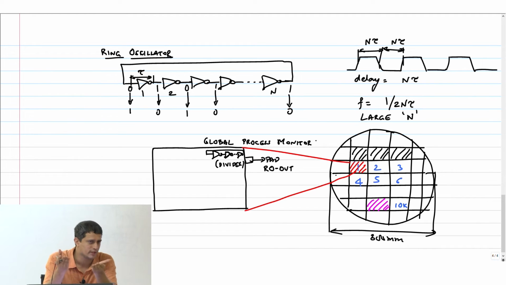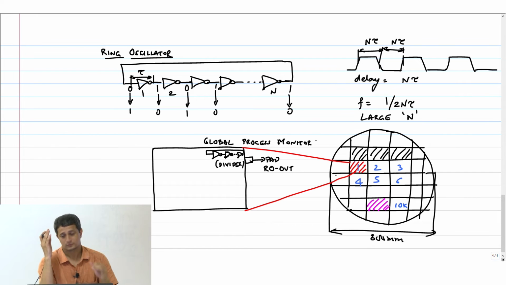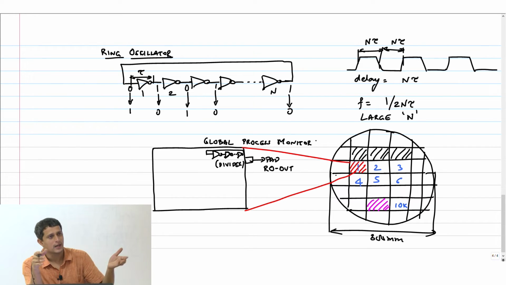It's not just VT, by the way. It could be the channel length, it could be the oxide thickness. Every single model parameter has moved in the same direction, and therefore this is called a global shift in process or manufacturing variations. Now chips are quite large, so even within a chip I could have these variations.